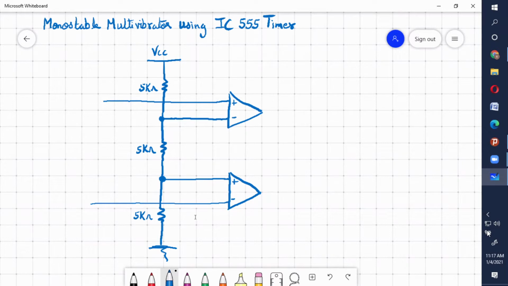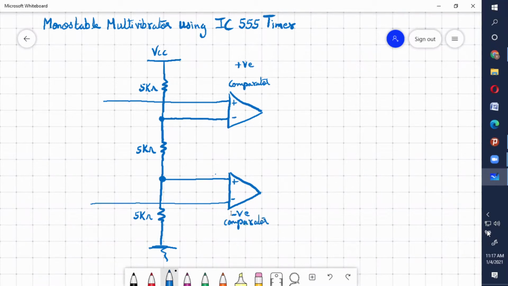Positive comparator. And this one is again a comparator, since the positive terminal is getting V reference, so it is called as negative comparator.